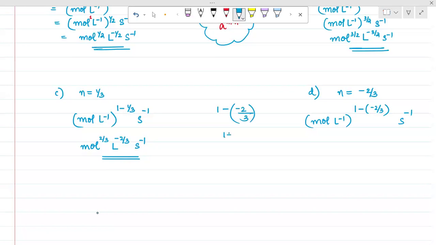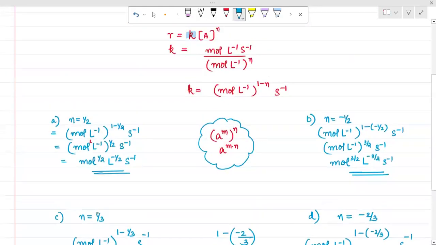Taking the LCM, this becomes 3 minus 2 by 3, which is equal to 1 by 3. Easy. Now, when you open the brackets, moles to the power 1 by 3, liters to the power minus 1 by 3 per second. So, this is how you find the units of rate constants if the order of the reaction is given.